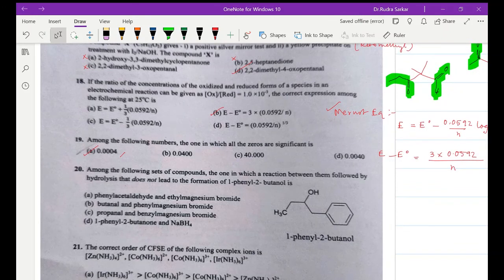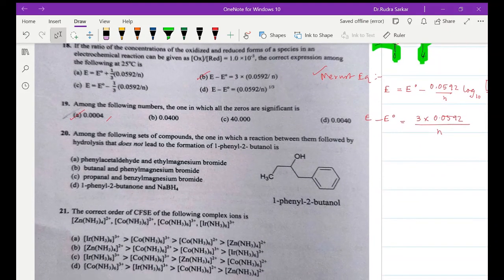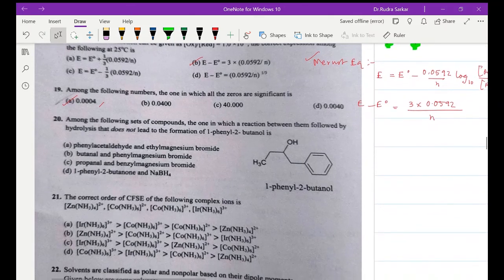Among the following, question number 20, set of compounds, the one in which a reaction between them followed by hydrolysis does not lead to the formation of 1-phenyl 2-butanol is, we have to find out. Okay. So we have been given phenyl acetaldehyde.